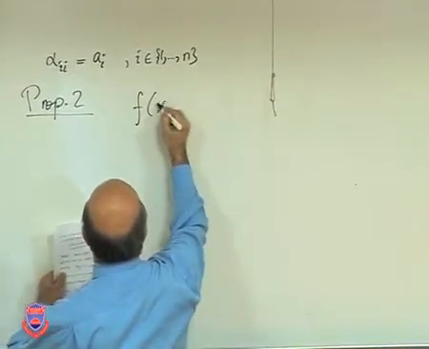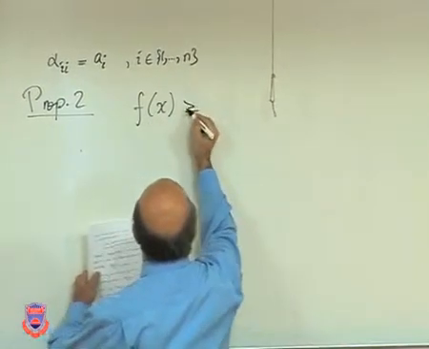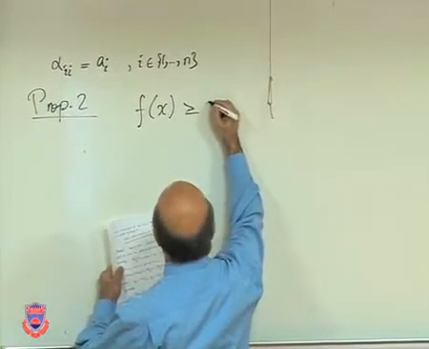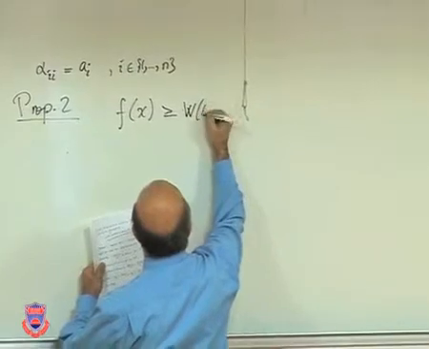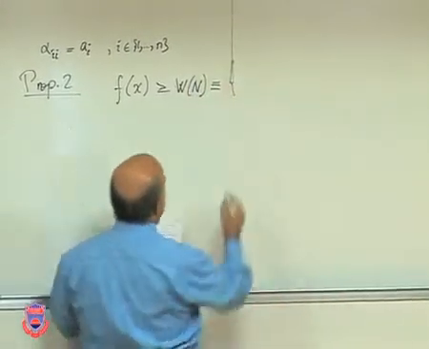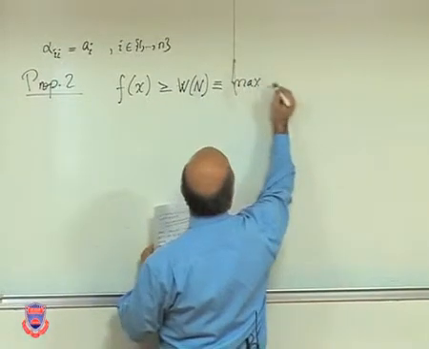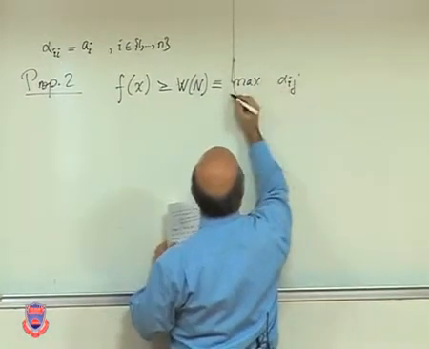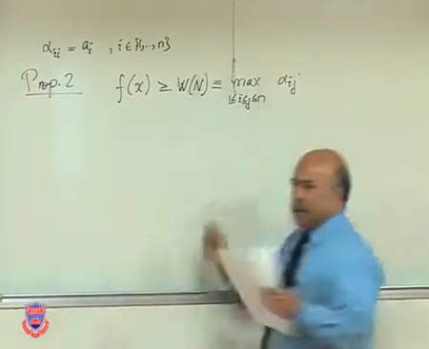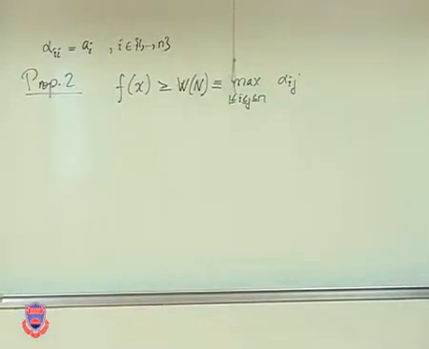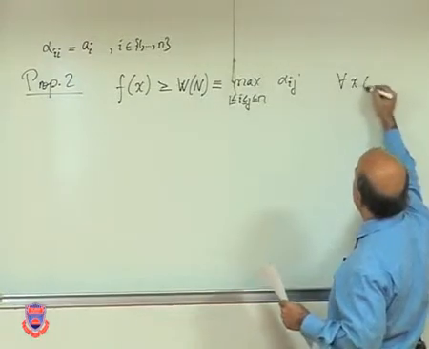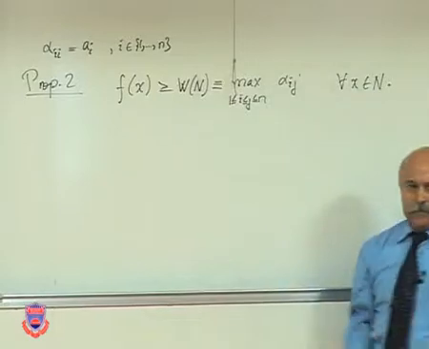F of x is always greater or equal the maximum of these numbers, which I called w of N. So the definition of w of N is the maximum of alpha ij, maximum over all possible pairs. This is true for every x in the network.